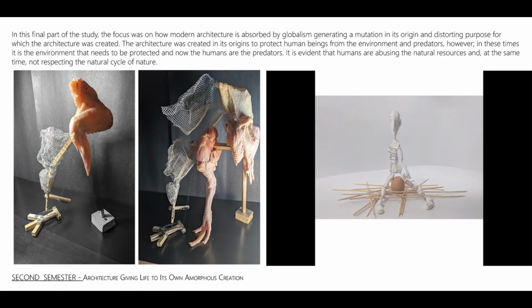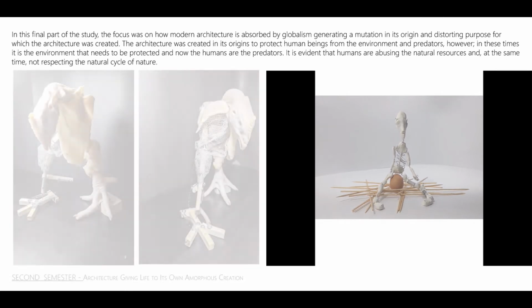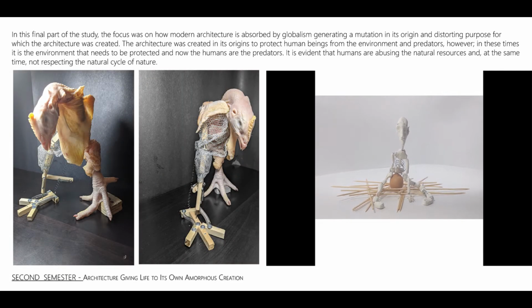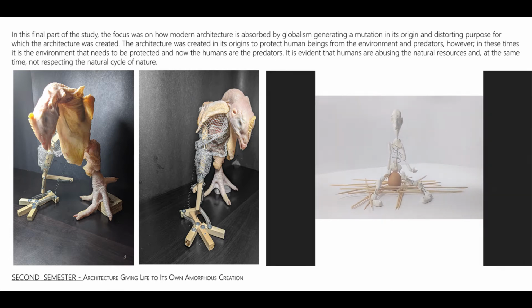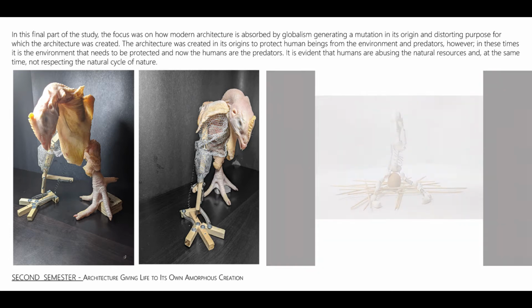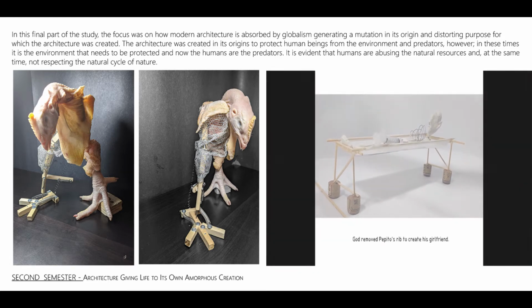However, in these times, it's the environment that needs to be protected, and now humans are the predators. It is evident that humans are abusing natural resources and, at the same time, not respecting the natural cycle of nature.